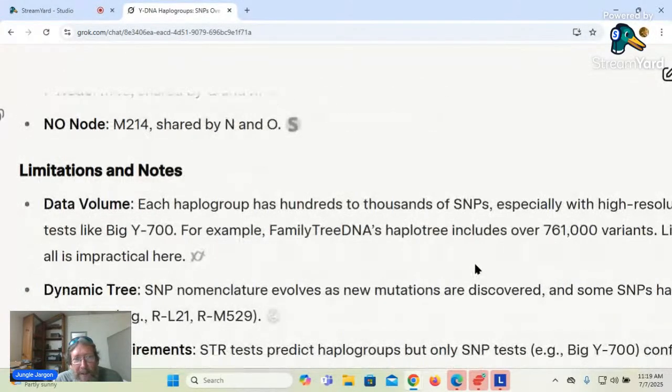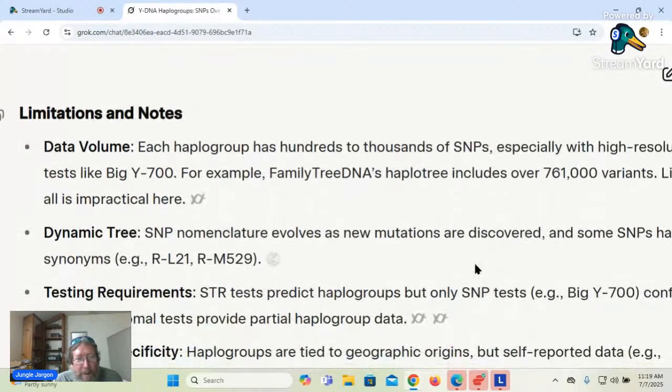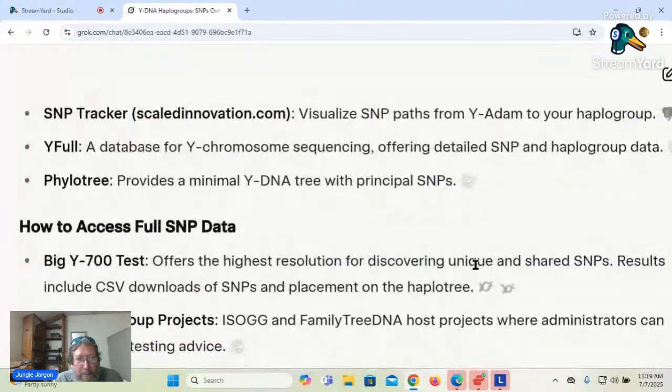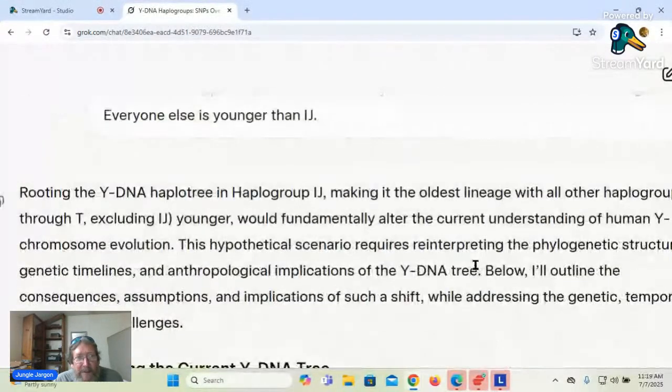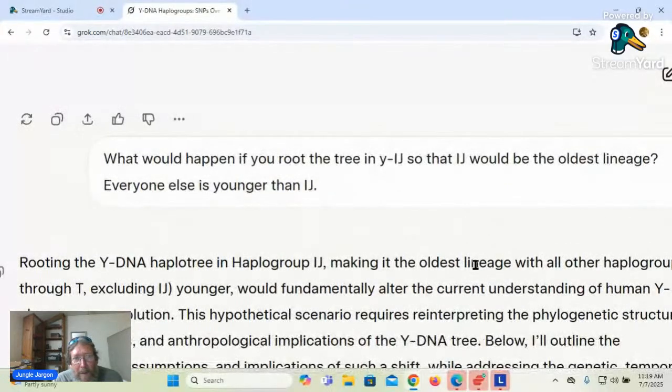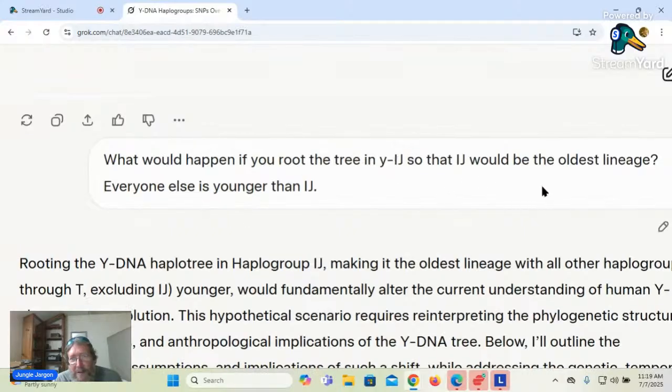So it's hard to really know sometimes what the information is or if it's accurate information. So I say, what would happen if you root the tree in IJ so that IJ would be the oldest lineage? Everyone else is younger than IJ.